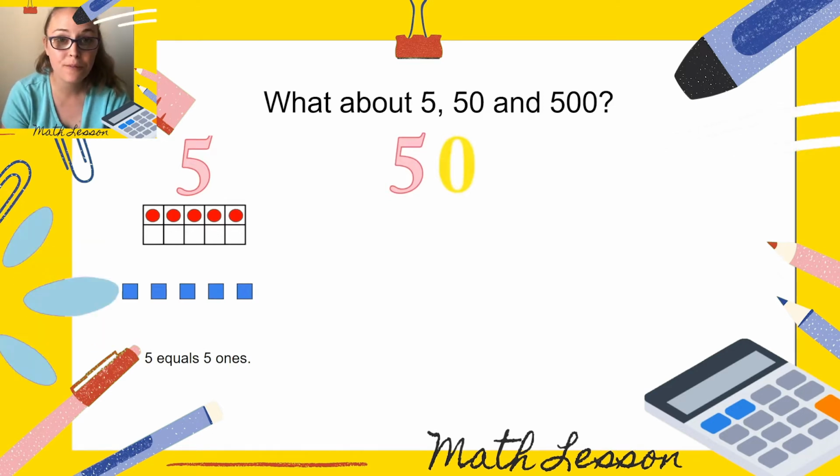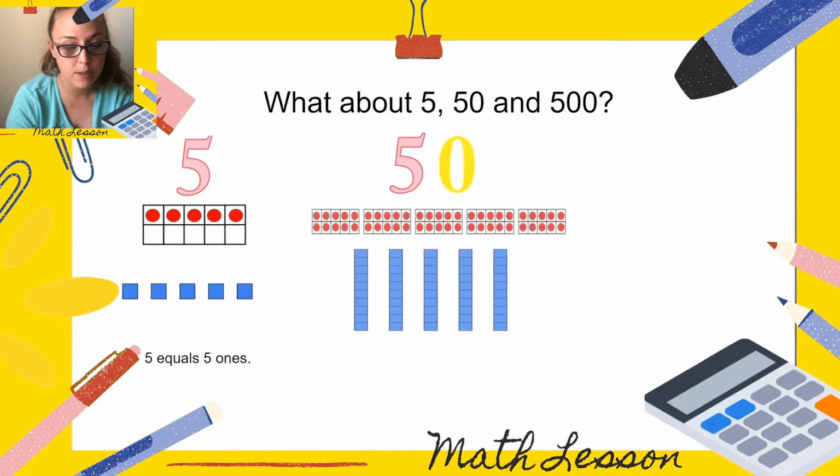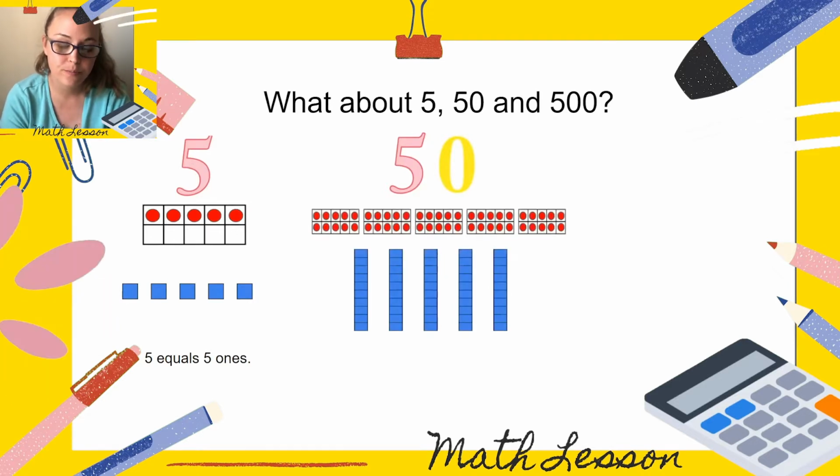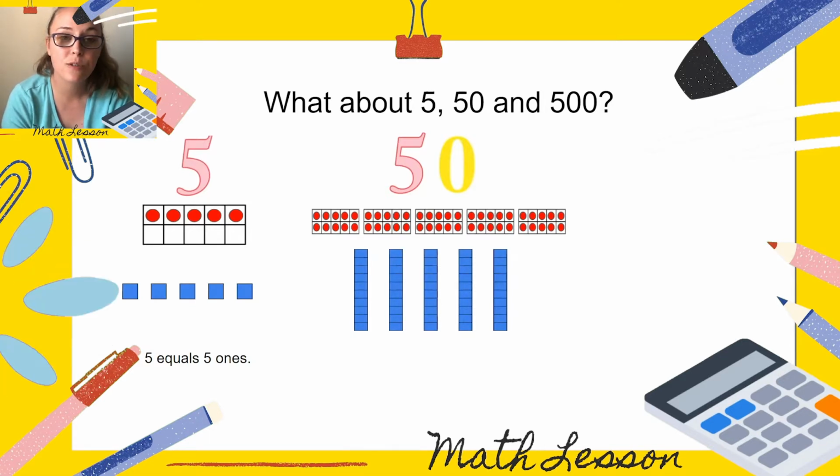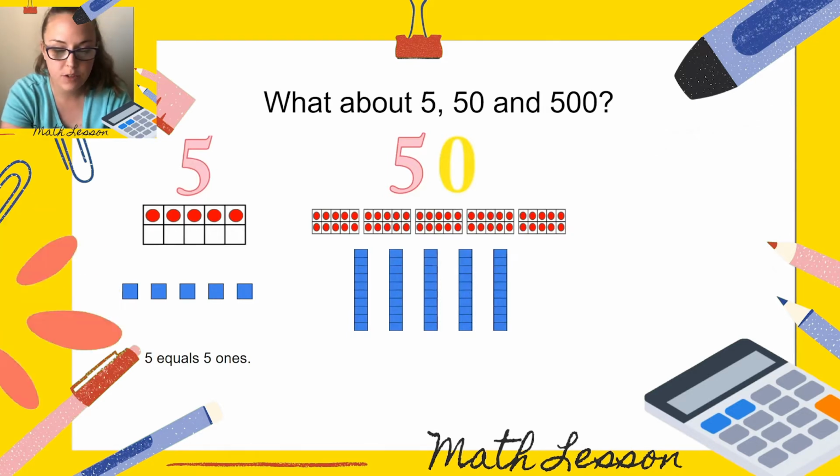And when we model 50, there are a couple ways we can do it. These are 2. So the 10 frames are full and there are 5 of them. 5 10s equals 50. The same goes for the base 10 blocks. If we were to count the individual blocks or the individual counters here, you would count 50.